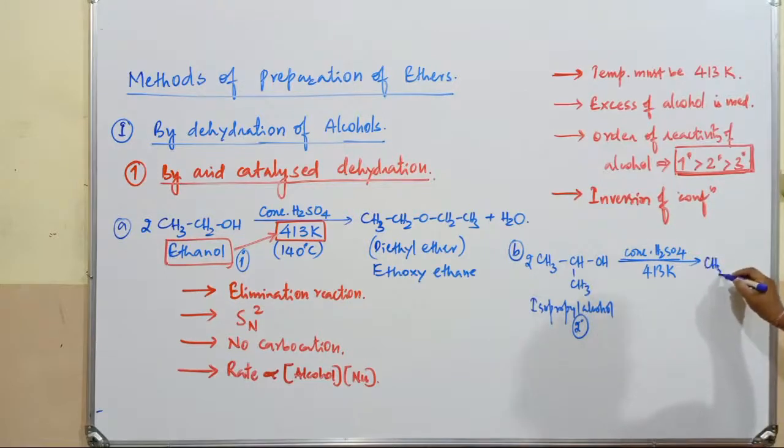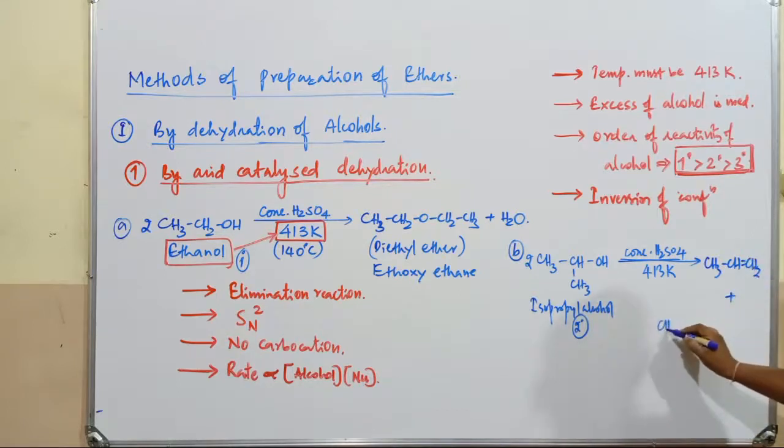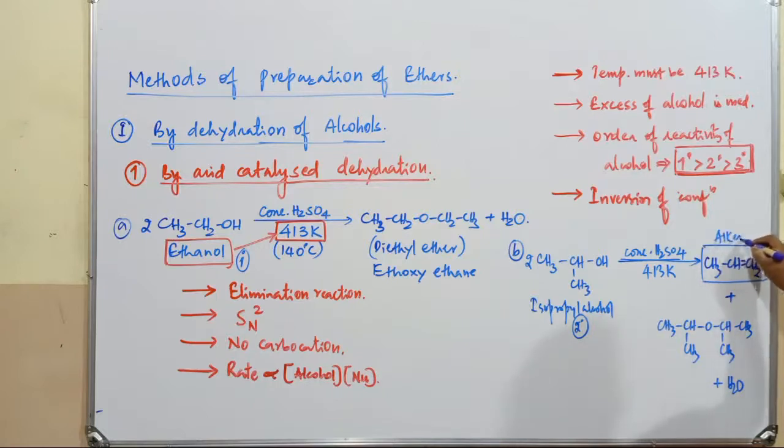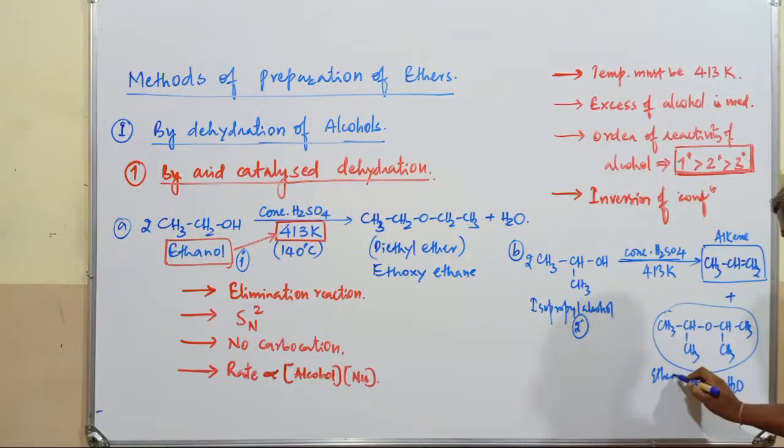Those are CH3CH=CH2, one alkene, plus one more compound, CH3CH(CH3)OCH(CH3)CH3, plus H2O is also produced. This is an alkene compound, and this one is an ether compound. You can write the name of this particular compound.